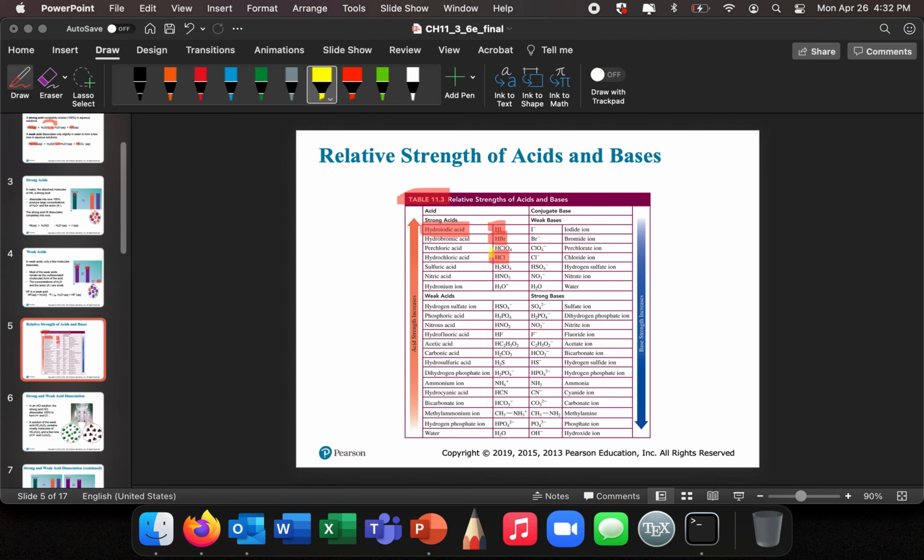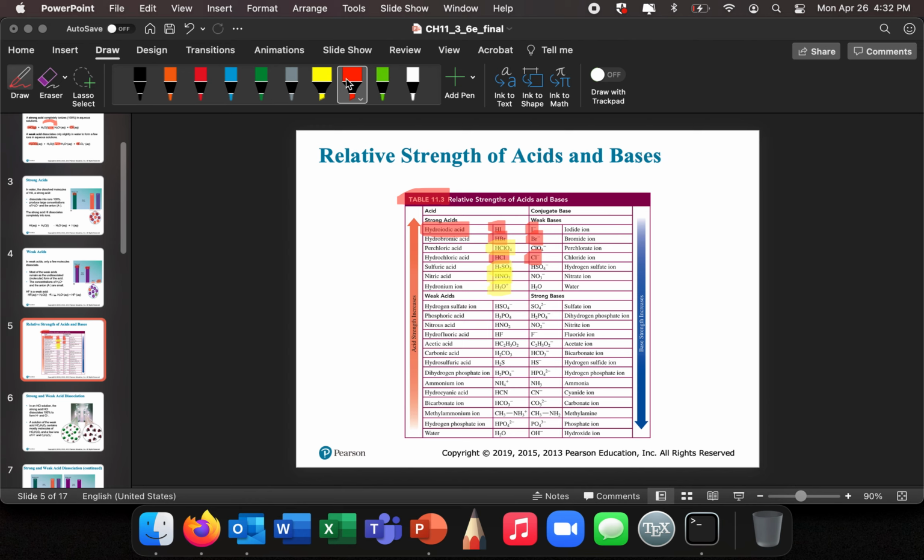And then more strong acids are perchloric acid, sulfuric acid, nitric acid, and hydronium. Those are the seven strong acids. Now, if we take away the H plus from HI, we see that it is simply iodide left. HBr leaves bromide in its wake. HCl leaves chloride in its wake. I think you can figure out the rest of those.